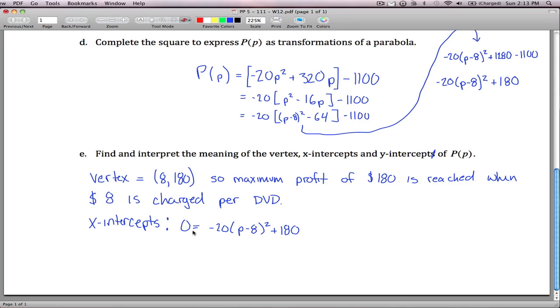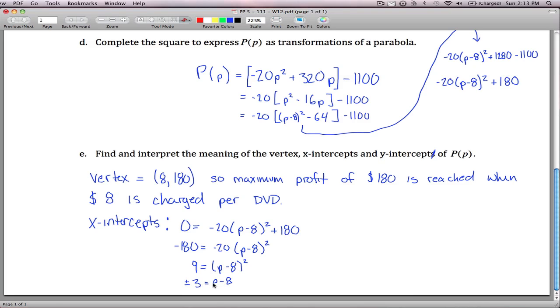If I subtract 180 and divide by negative, well, I'll do it in steps. Negative 180 equals negative 20 times p minus 8 squared. Divide by negative 20, you get 9 equals p minus 8 squared. Take the square root of both sides, you get 3 equals p minus 8. Actually, you get plus or minus 3 equals p minus 8.